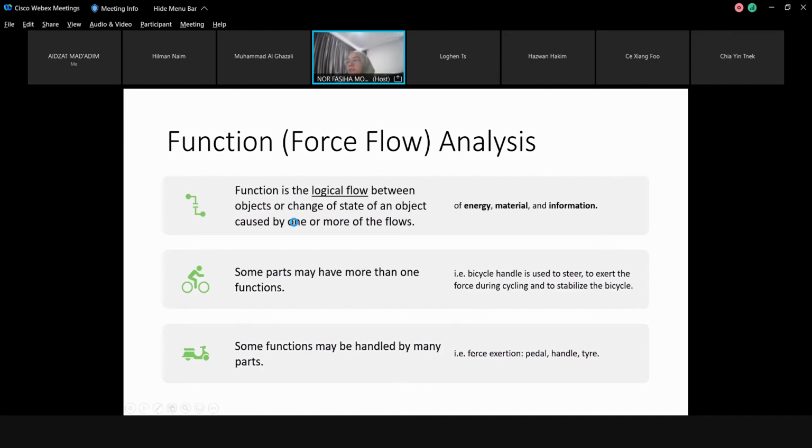For example, the function of exerting force needs the pedal, the handle, and the tire. So for your product, we have to understand the function or the force flow of that particular product.